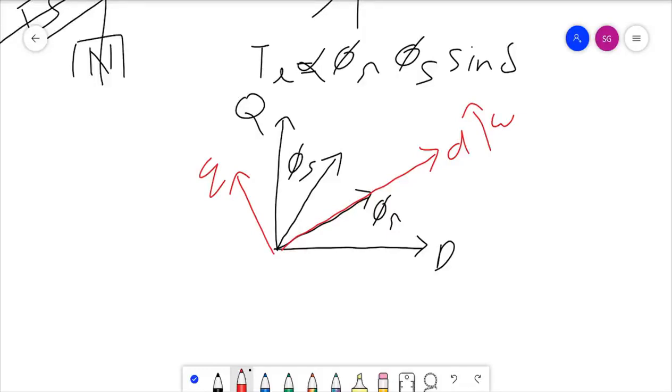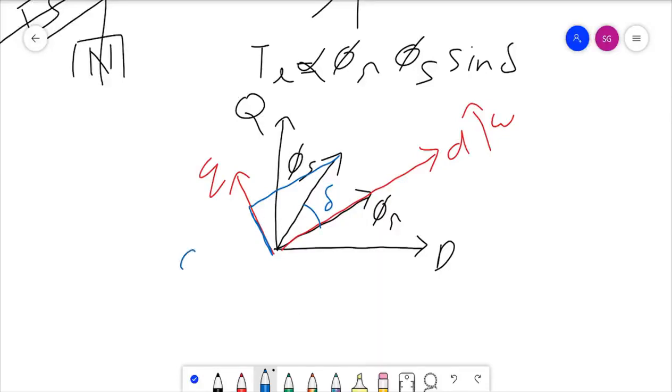Now we can take the component of this phi s onto this q axis. So this will be the component. Mind you, this is the angle delta, which is between phi r and phi s. So this component will come out to be phi s sine delta.